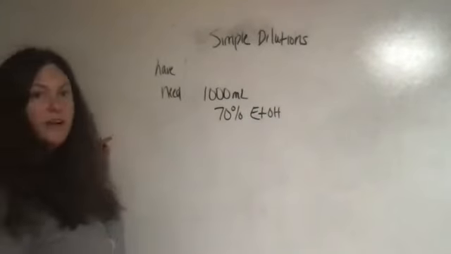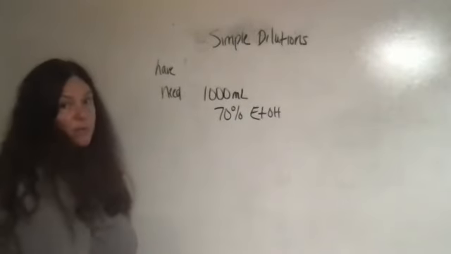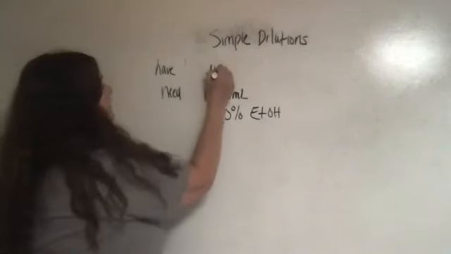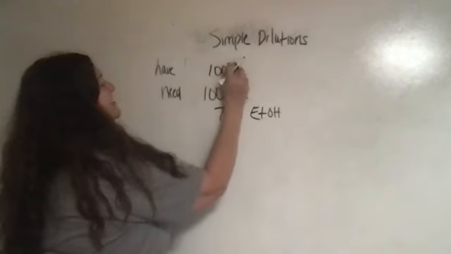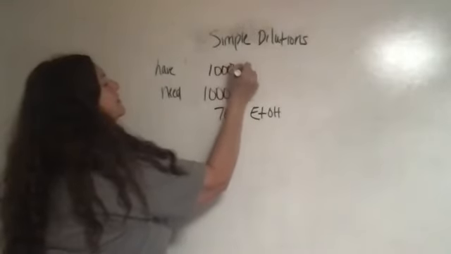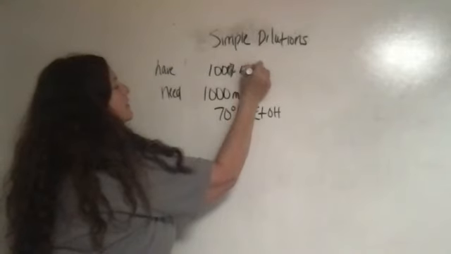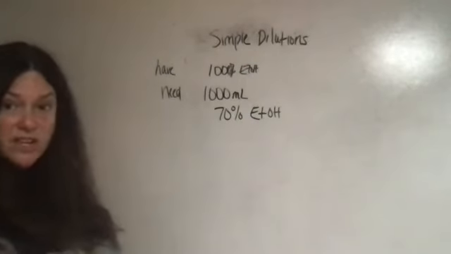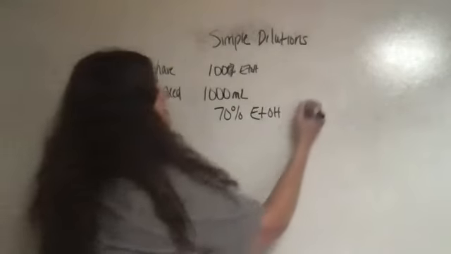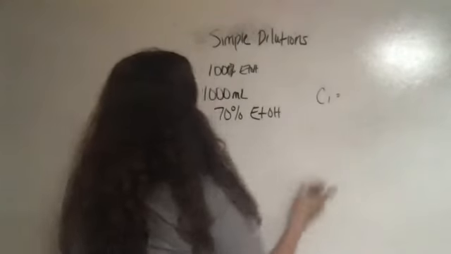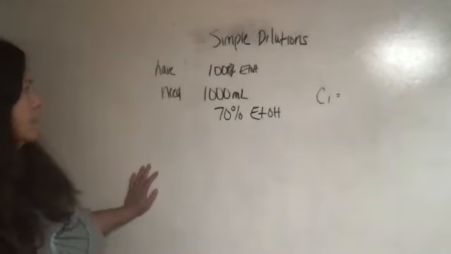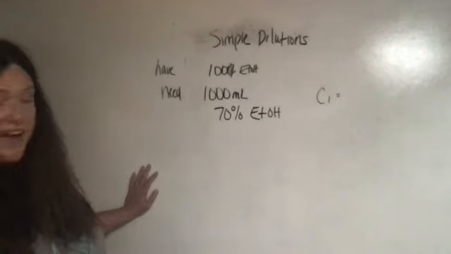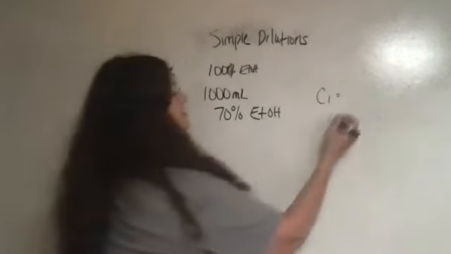And we are starting with 100% alcohol. So you got the C1V1 equals C2V2 thing going. What is C1? The concentration of what we already have, which is 100%.